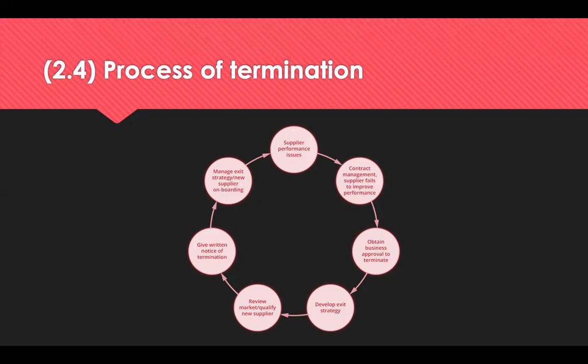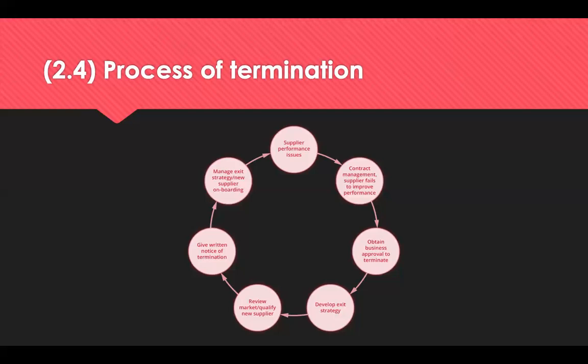Then you obtain business approval to terminate and give written notice to terminate to the supplier, and this needs to be managed carefully and considerately. It may generally state the notice period, for example, 30 or 90 days. And then you need to manage the exit and the new supplier onboarding, ensuring the crossover period is managed carefully.